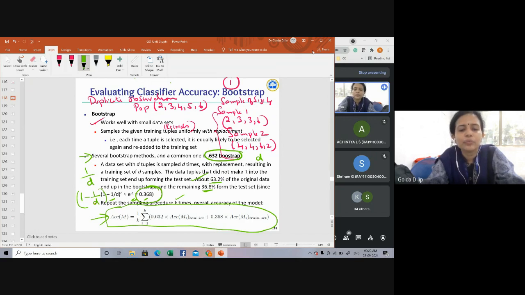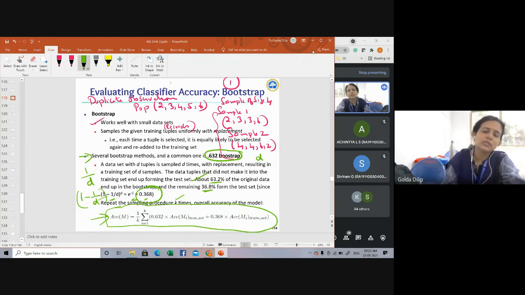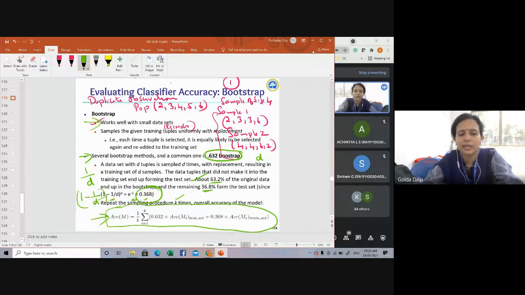It has to be repeated d times, so the probability of not getting selected during the entire period is (1 minus 1 by d) to the power d, which approximates to 0.368. Finally, this gives the overall accuracy of the model. This bootstrapping concept works well only for small data sets.